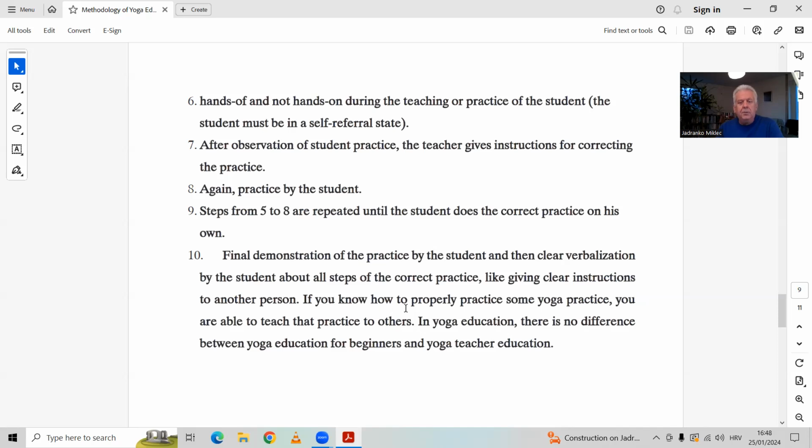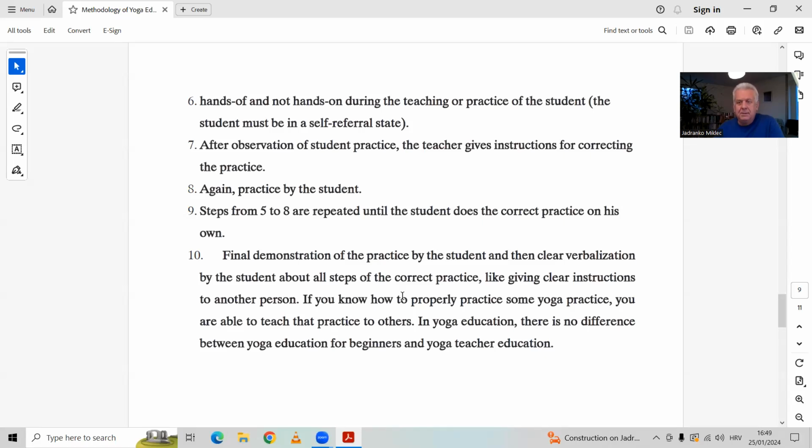So if you know how to properly practice some yoga practice, you are able to teach that practice to others. That's why in yoga education, there is no difference between teaching beginners about some yoga practice or teaching the person who will become a yoga teacher.